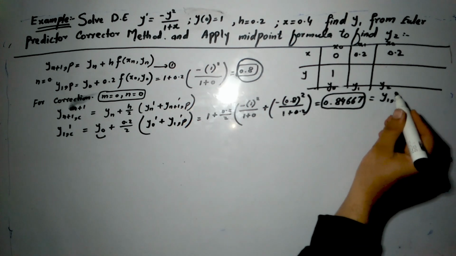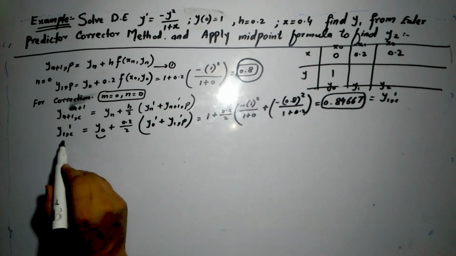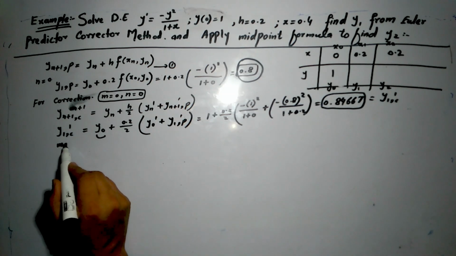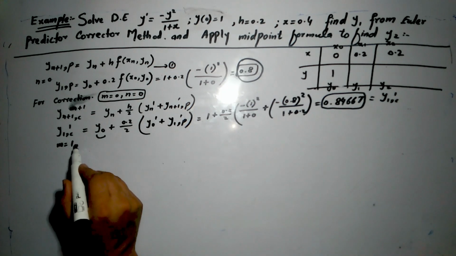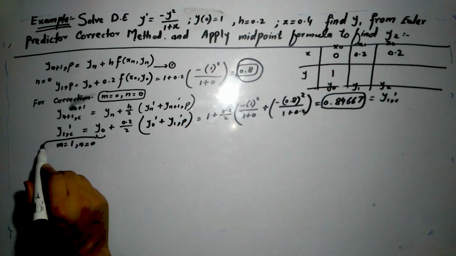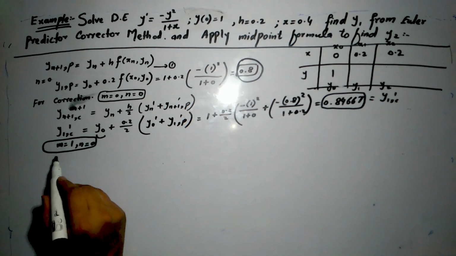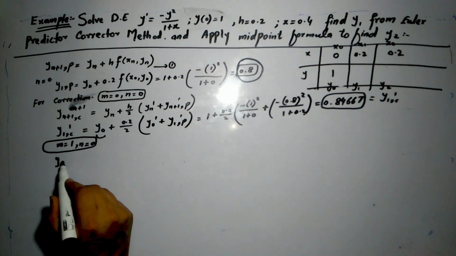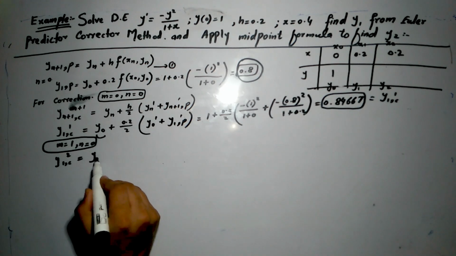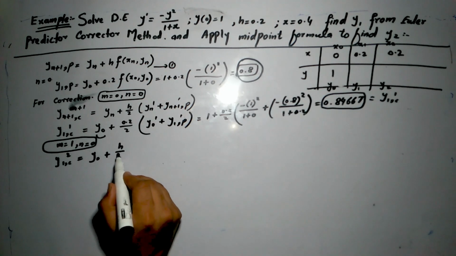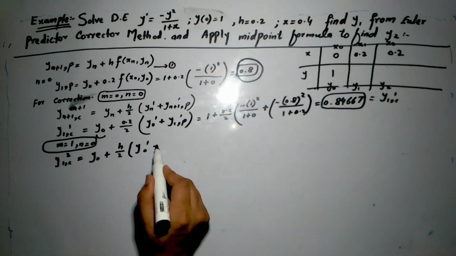Similarly, for second correction, m will be equal to 1 and n will be equal to 0. So this will become y of 1 c2 will be equal to y of 0 plus h over 2, y0 dash plus y1 of c.